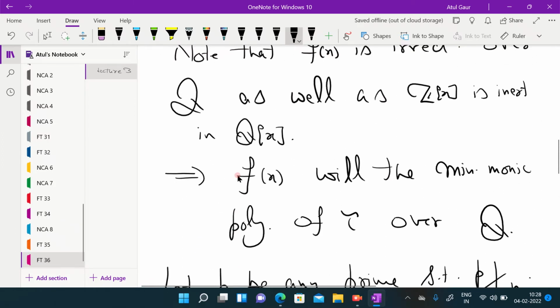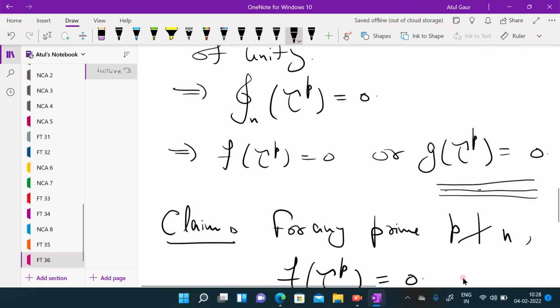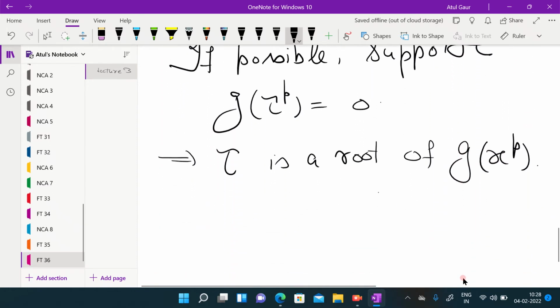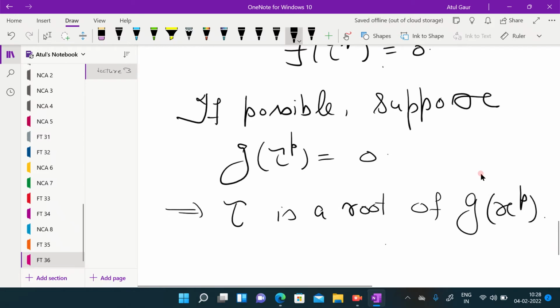You have observed f(x) is the minimal polynomial of tau over the rational field, and g(x^p) is one polynomial over the rational field. g(x) is a polynomial over Q, right?